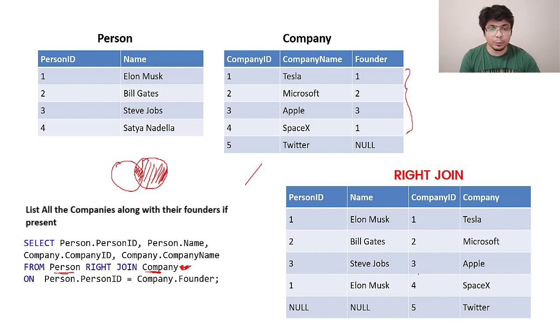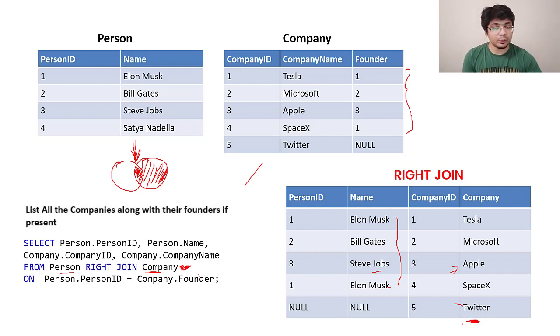So let's see what is the output. First of all, what is the matching value? What is this field here? What is this intersection value? These are Elon Musk, Bill Gates, Steve Jobs, and again Elon Musk, because they have a corresponding company also. But it will also return Twitter.